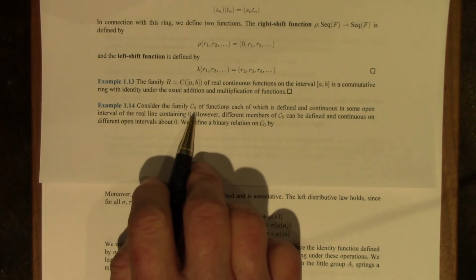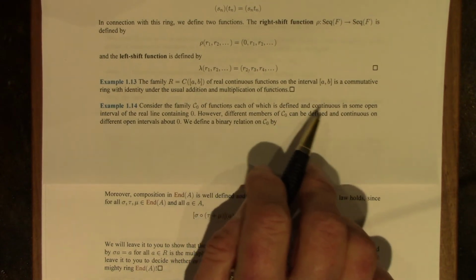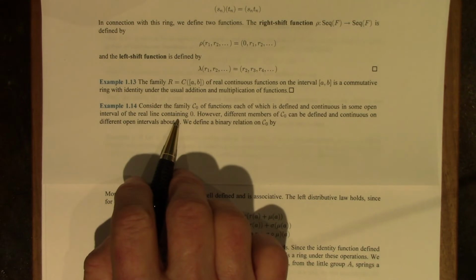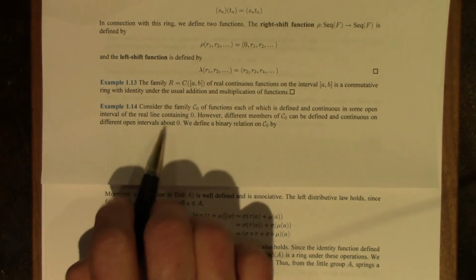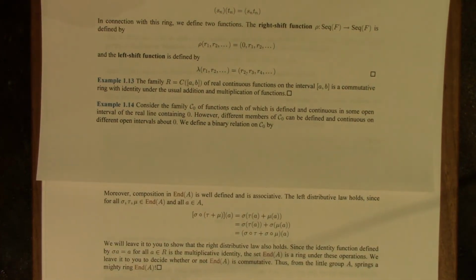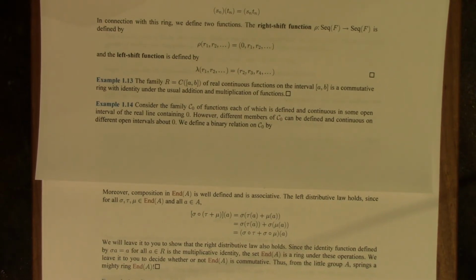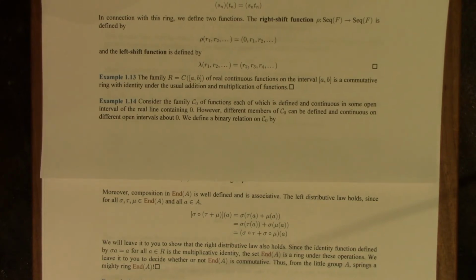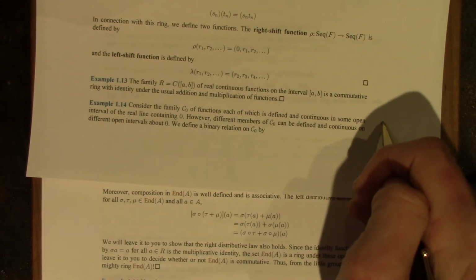Consider the family C0 of functions, each of which is defined and continuous on some open interval of the real line containing 0. So an open interval about 0. Now different members of C0 can be defined and continuous on different open intervals about 0. I should emphasize that these are real functions.